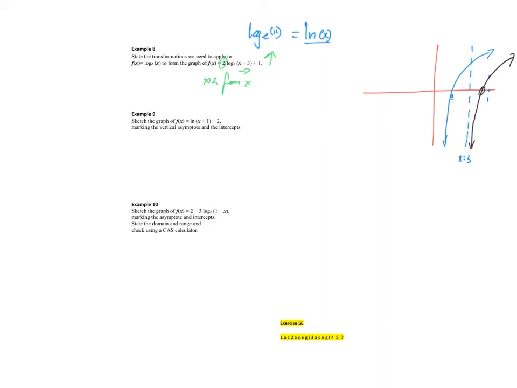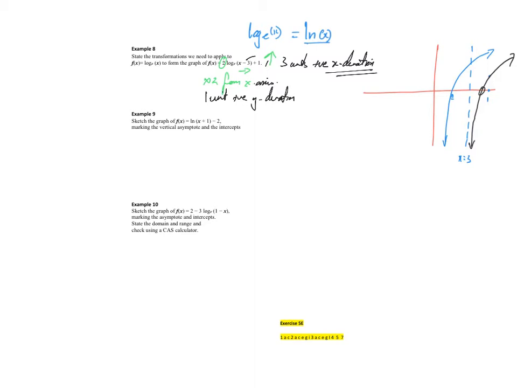Formally, we've already said multiplied by a factor of 2 from the x-axis, 1 unit in the positive y direction, and 3 units in the positive x direction. So it certainly pays to read the question, doesn't it?